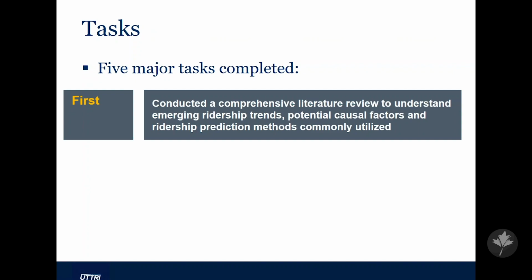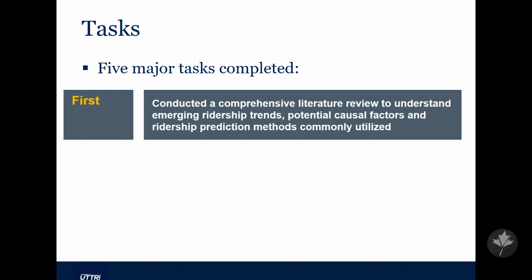In order to meet this goal, the study consisted of 5 major tasks. The first was to consult with the literature, both the academic literature as well as the public reports by different research centers and government agencies. So we conducted a fairly detailed literature review with the aim of understanding the emerging ridership trends in Canada and elsewhere.